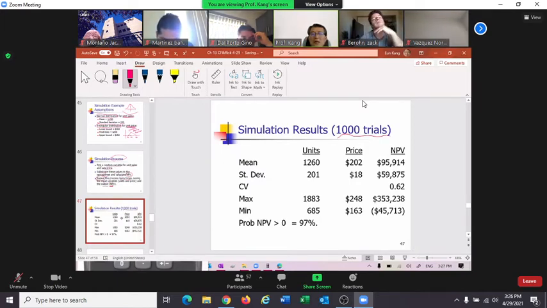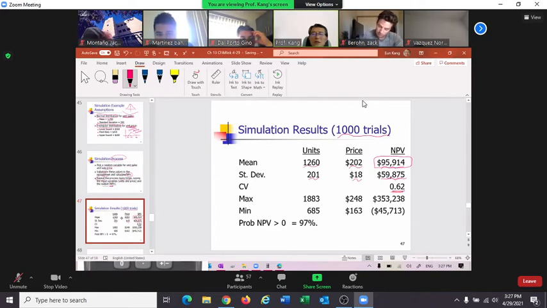you see that the mean number of units is 1260, price 202, net present value 95,914. Standard deviation of units 201, standard deviation of price 18, standard deviation of NPV 59,875. So 59,875 divided by 95,914, CV 0.62.